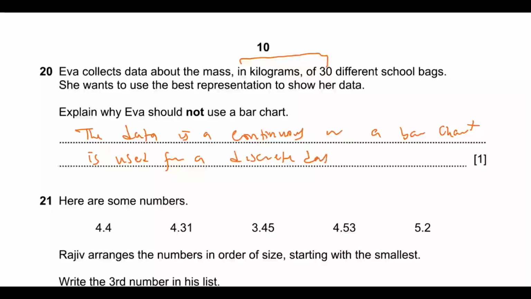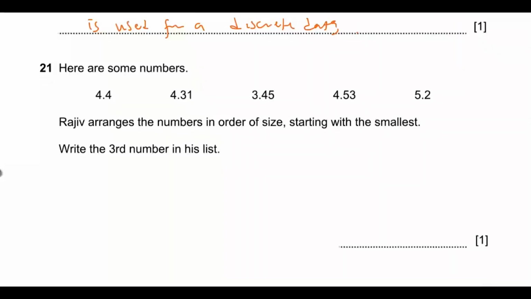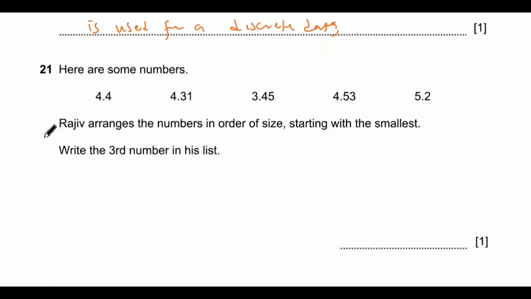Or you can say that a bar chart is used for a grouped continuous data. That is when the continuous data is grouped, okay. So let's go to the next question, question 21. Here are some numbers. Ravish arranges the numbers in order of size, starting with the smallest. Write the third number in this list.